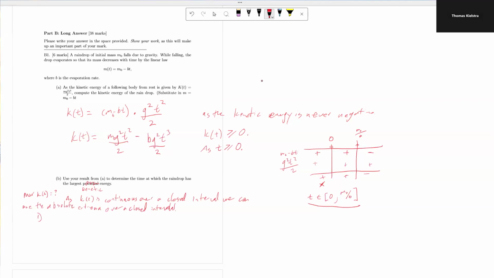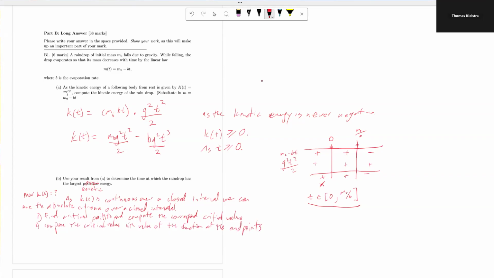What this is: one, find critical points and compute the corresponding critical value, and two, compare the critical value with the value of the function at the endpoints.